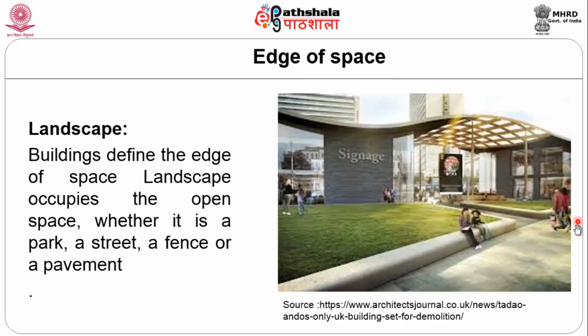In this picture, we can look at a building with these edges and the green belt with the pavements, and the user is able to sit around this area and do some activities in an open area without having any kind of canopy or cover over it. This defines the edge of the space, and how we can effectively use a space around the buildings.